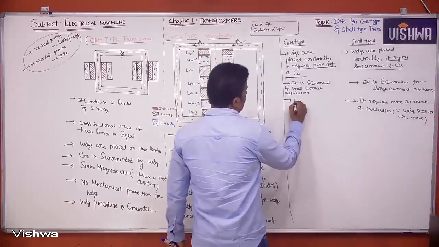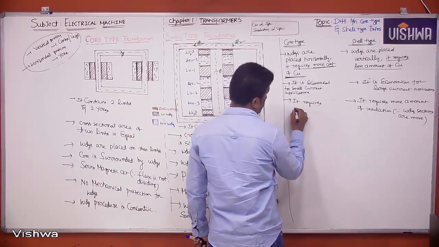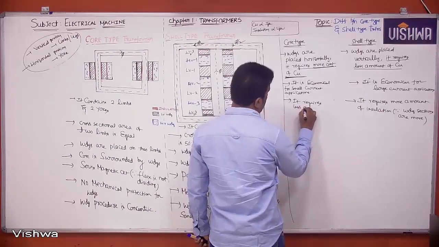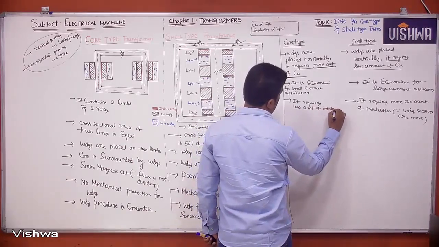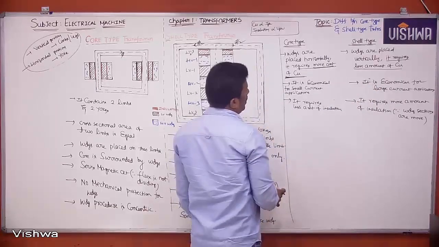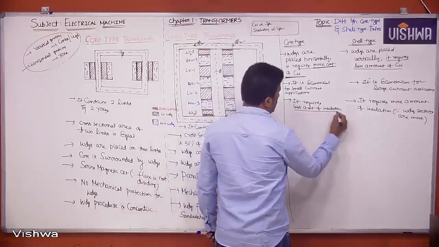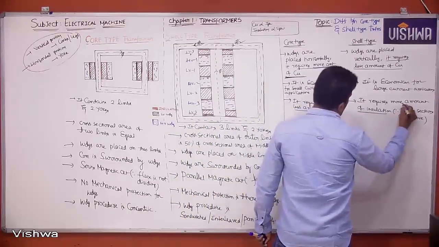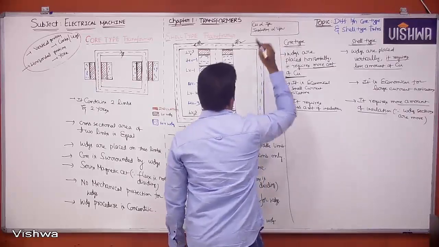Whereas here it requires less amount of insulation than your shell type transformer. Okay. Now the same explanation once again: it requires less, it requires more. I told you how much insulation is required based on your phase voltage.